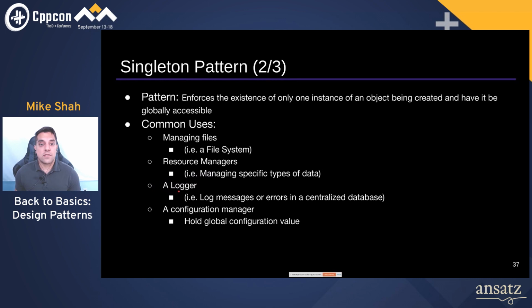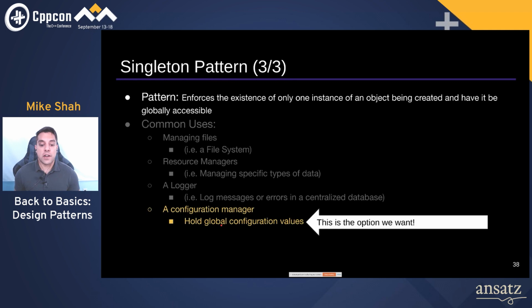File loggers, so if you're doing some debugging or just outputting text, usually you only want, or you might only want, one instance of those loggers to put messages in a centralized database. And also configuration manager, which is what we're going to build. Just hold some global configuration value that you want the same. So this is what we're interested in. This is the option that we want.